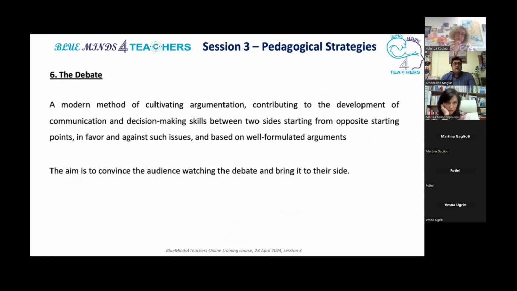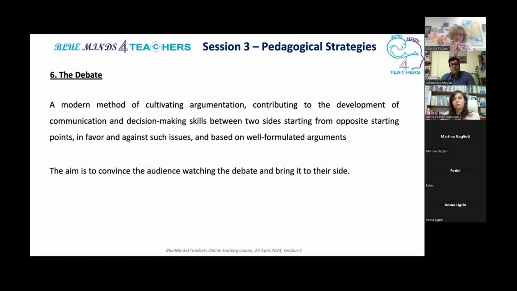The next strategy is the debate. It's not far away from what we have heard and seen so far, relating to the role-playing. It is a modern method.